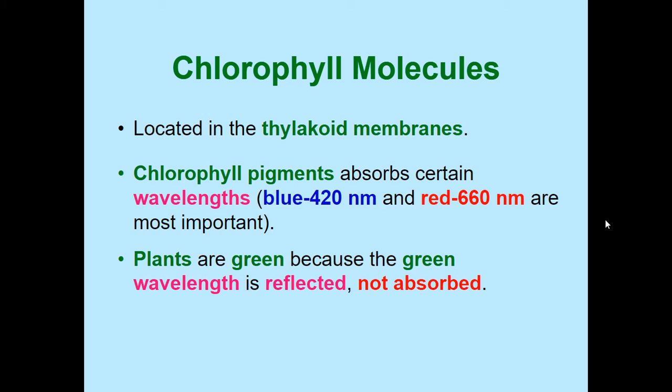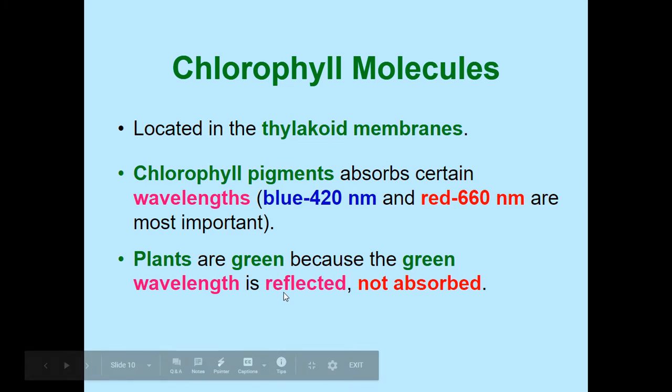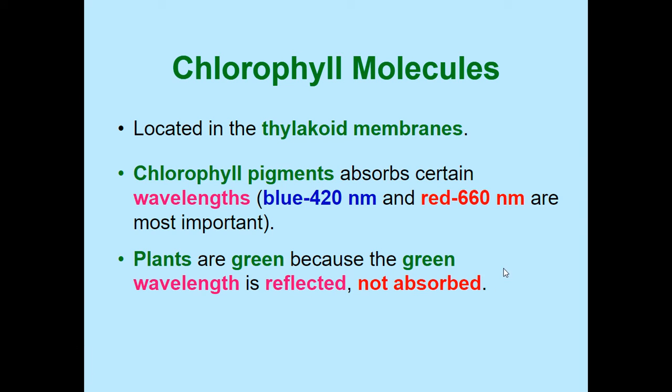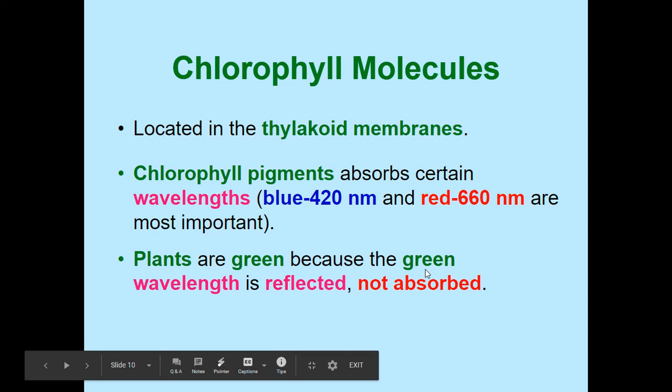Yellow is the primary color in pigment, not in light. The three light colors that are primary are blue, red, and green. So you'll notice blue and red are absorbed, but green isn't. Instead, green is reflected. So that green reflected back to your eyes is what we see as green.